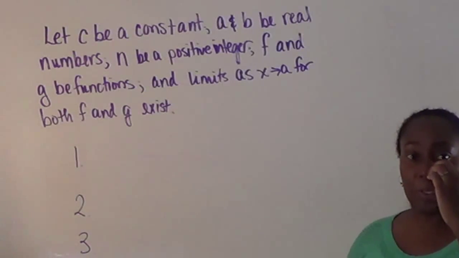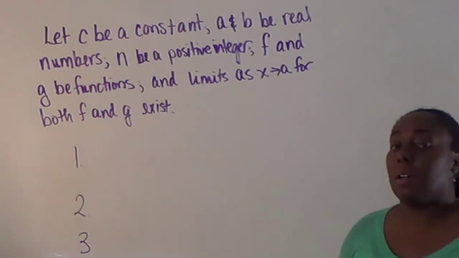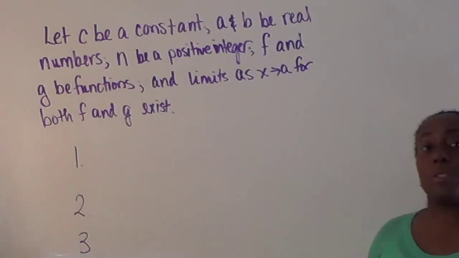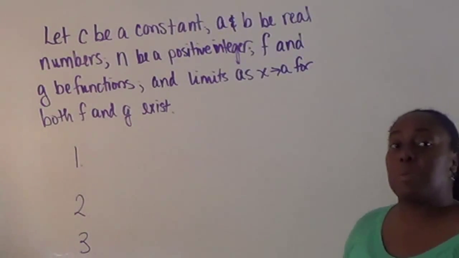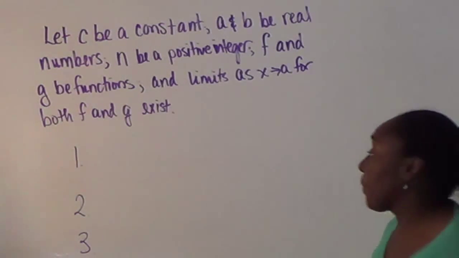What we're going to look at first are what we consider the limit laws. These are kind of like properties of real numbers, except now we're going to have specific properties for limits.